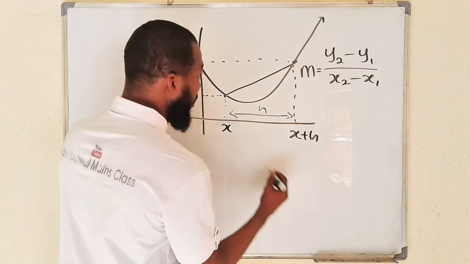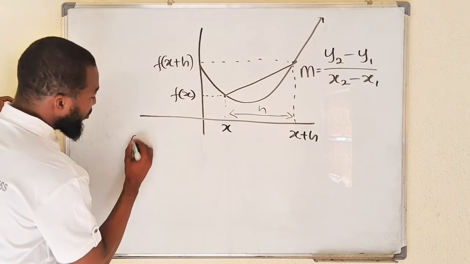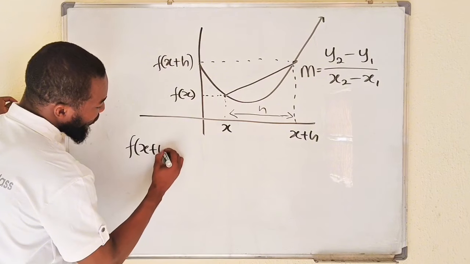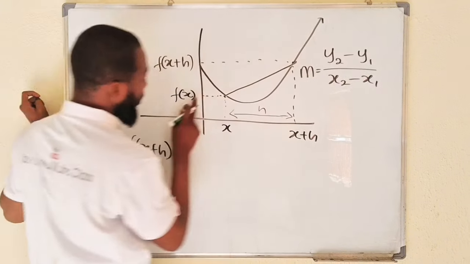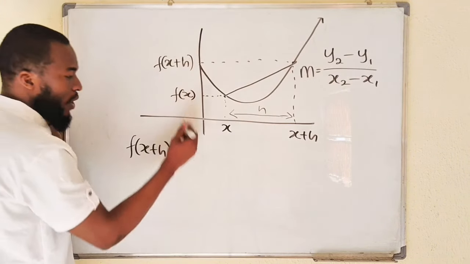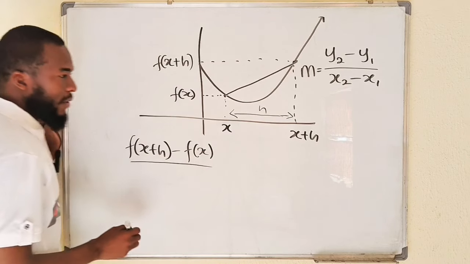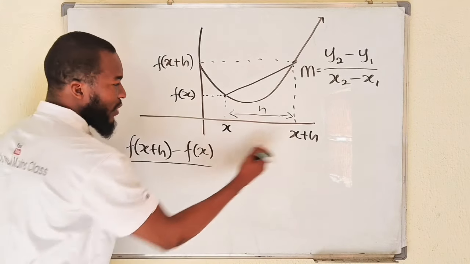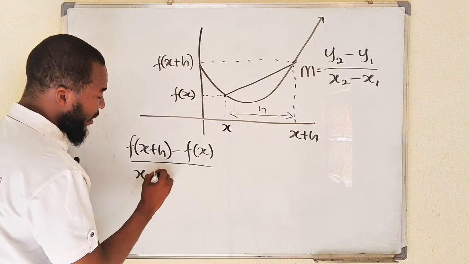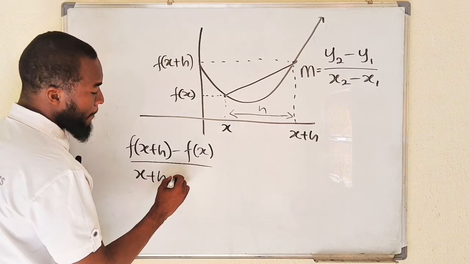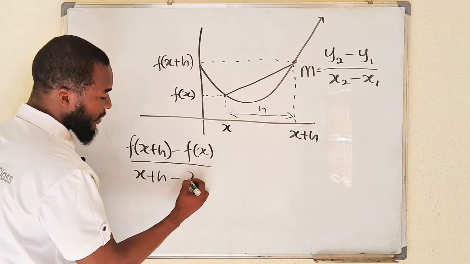That is our y2. So it will be f of x plus h minus y1, which is f of x, divided by x2, which is x plus h, minus x1, which is x.